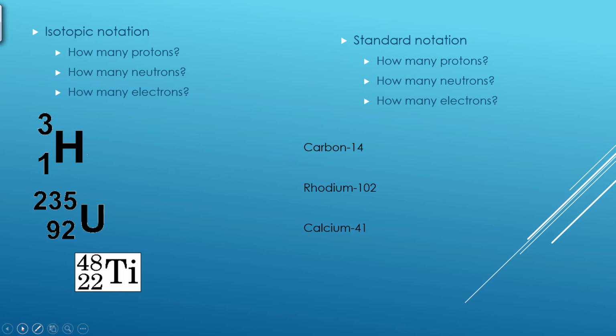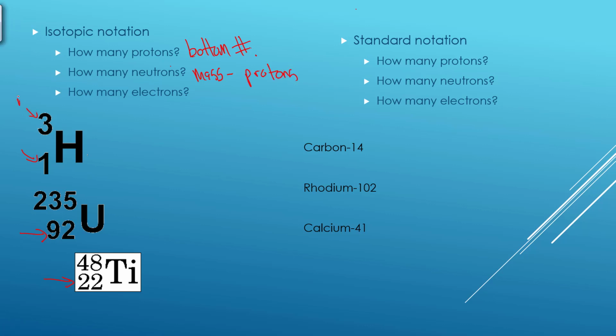Isotopic notation. How many protons? That is the bottom number. This has 1. This has 92. This has 22. How many neutrons? Neutrons is mass minus protons.